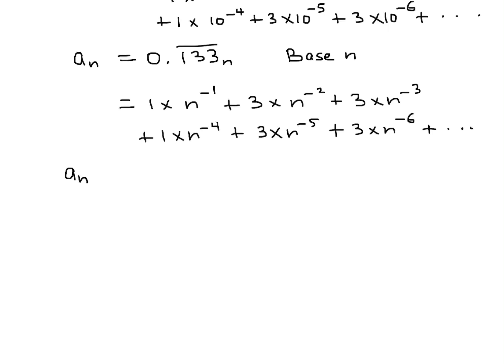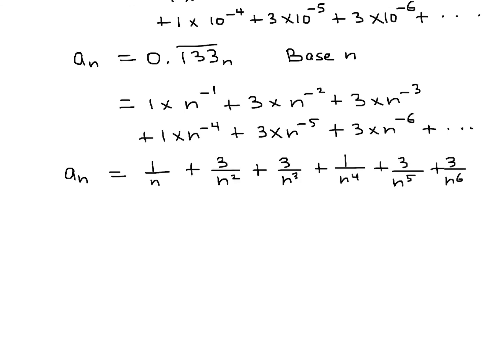So this is 1 over n plus 3 over n squared plus 3 over n to the power of 3 plus 1 over n to the power of 4 plus 3 over n to the power of 5 plus 3 over n to the power of 6, and so on.